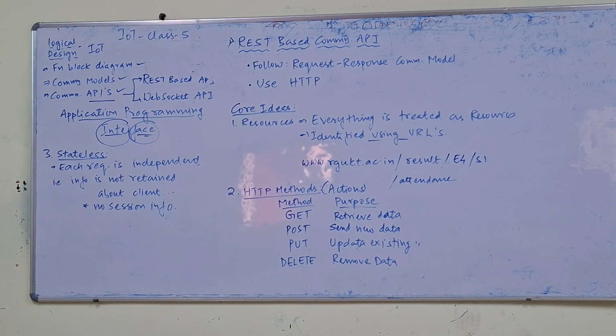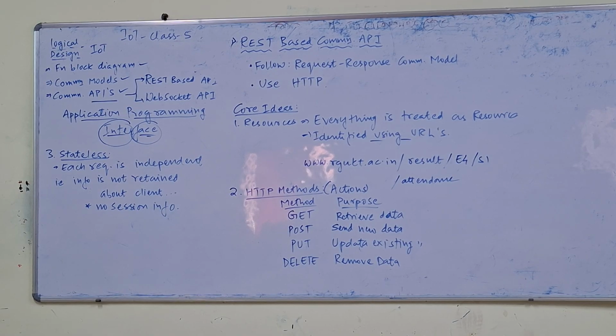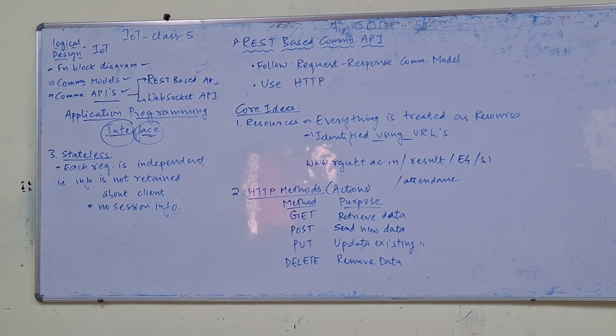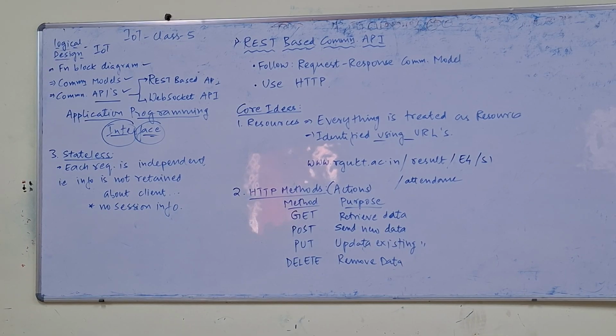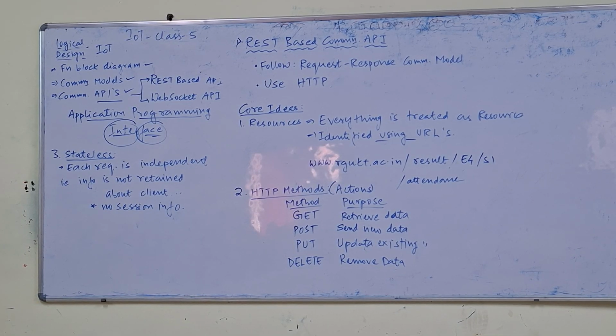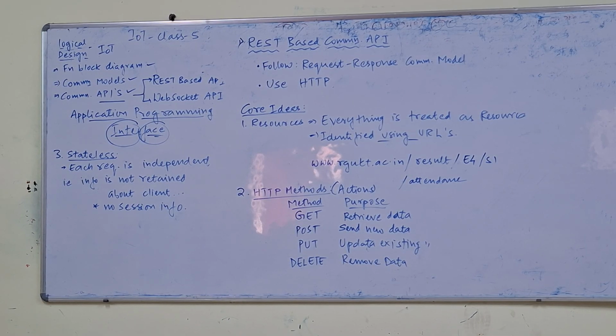Here there is nothing of this kind. Who you are, it doesn't bother. The data you requested is sent to you. Next time when you request data, again you are a new person. Is this idea clear?